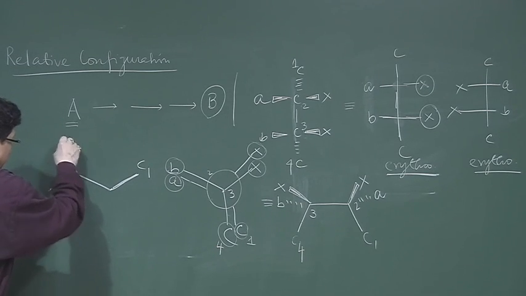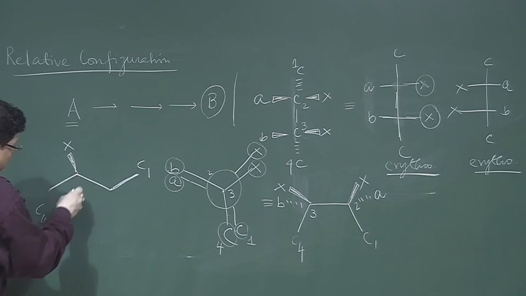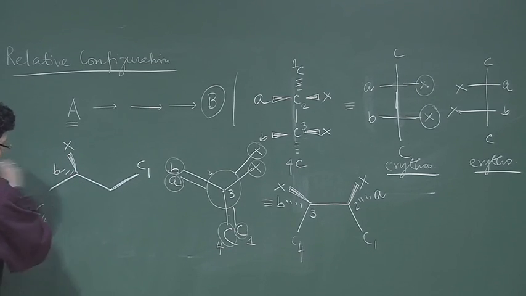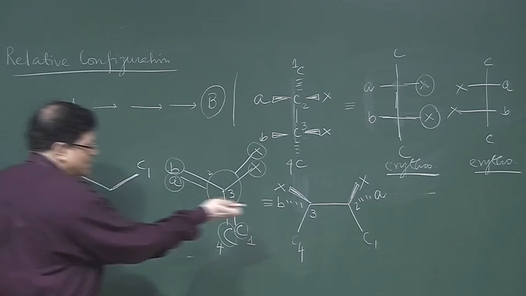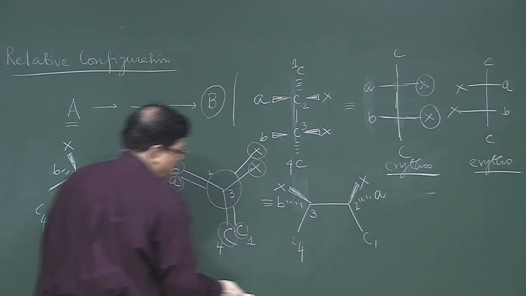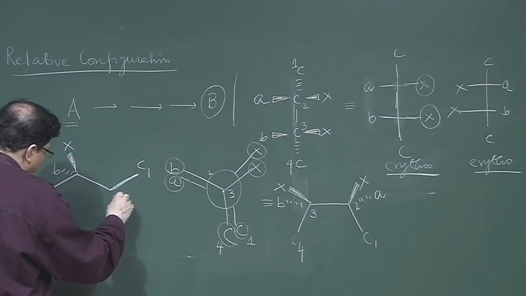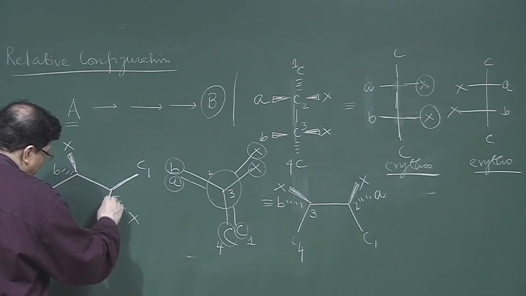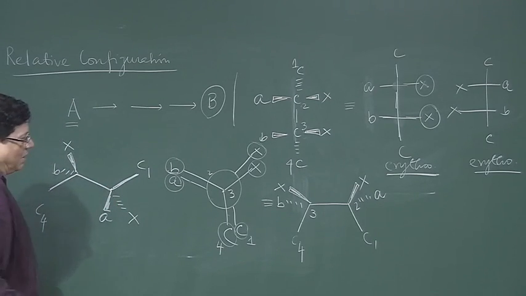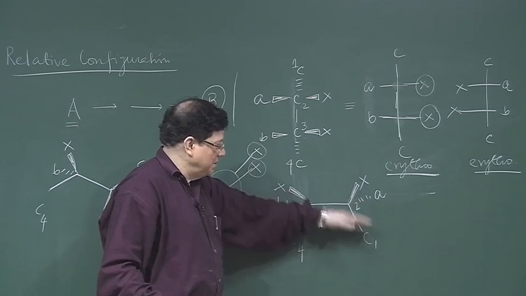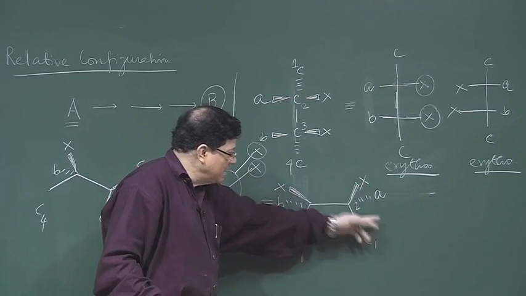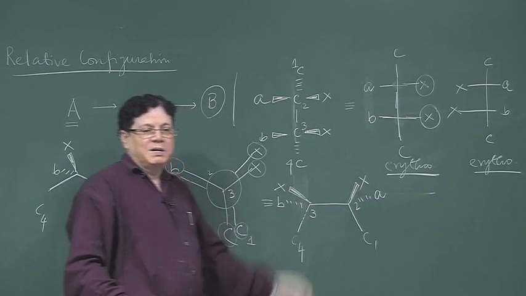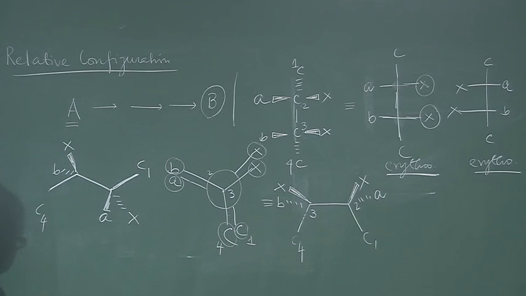So, X is beta and this is the alpha B, but here, as you put a 180-degree rotation, X will become alpha and A will become beta, because it is a 180-degree operation. So, C1 goes to that side, X will become alpha, A becomes beta. Okay. So, this will be the situation.